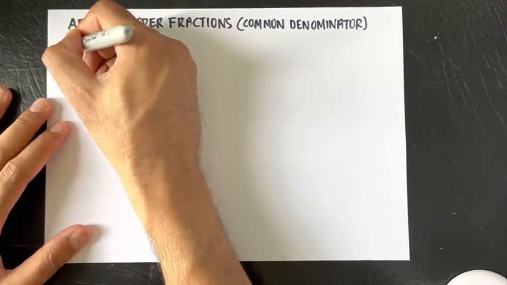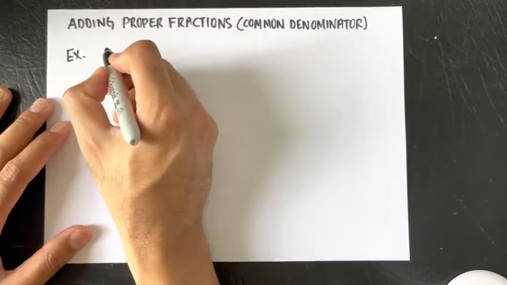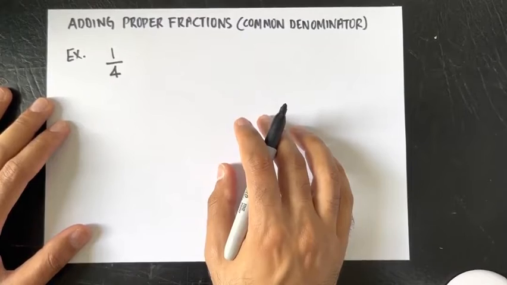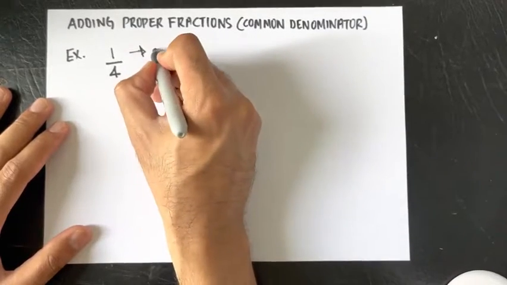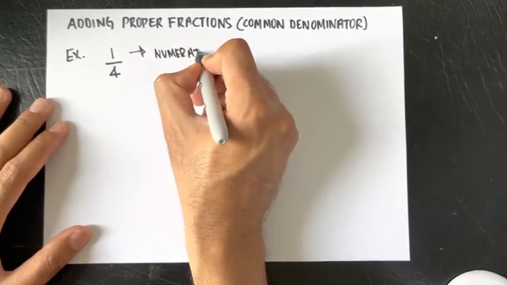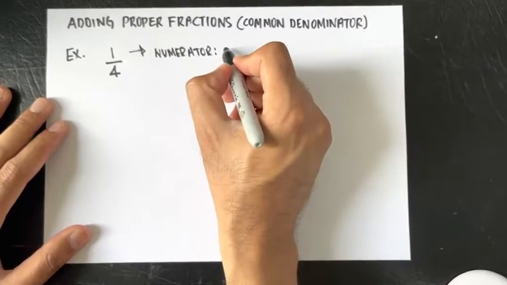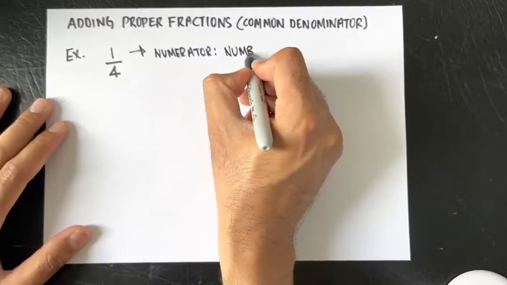So we'll just start with a quick example of what I mean by that. Let's say you got 1/4. Okay, so what that is saying is that the 1, which is the numerator, and the numerator is also known as the number of parts.